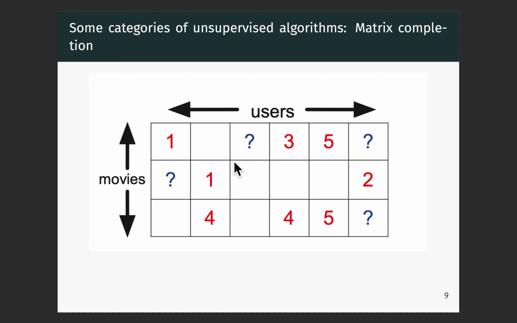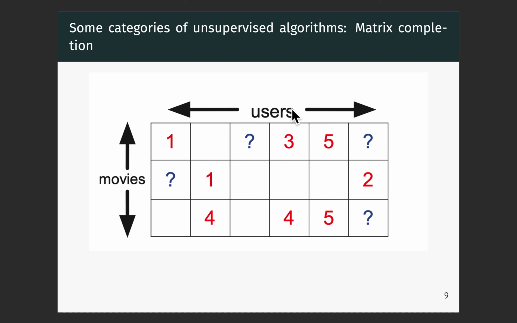So they'll want to recommend the movies for which they estimate your rating to be high. The cell values are the ratings on a scale of 1 to 5, 5 being highest. So you'll have a lot of these unknown values, question mark. You want to estimate those using this given matrix.